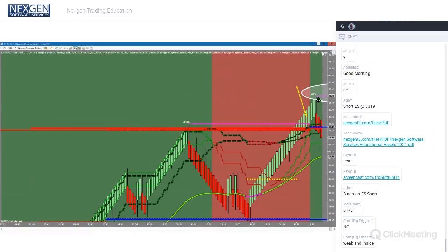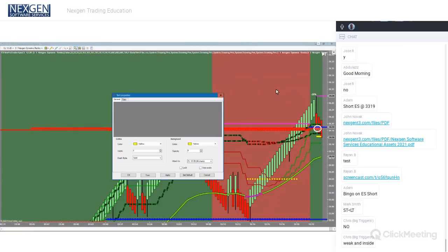So when you see this, let's say you said, oh, I'm excited, I'm going to buy a breakout. Well, if you did buy a breakout, which is not really the right trade, but let's just say you did, you'd be out with divergence because the triggers are weak. Does this make sense?